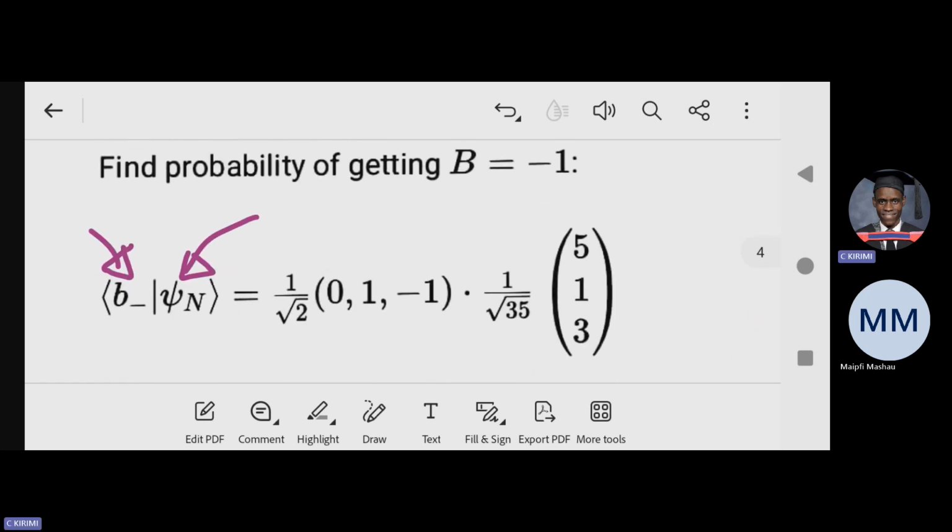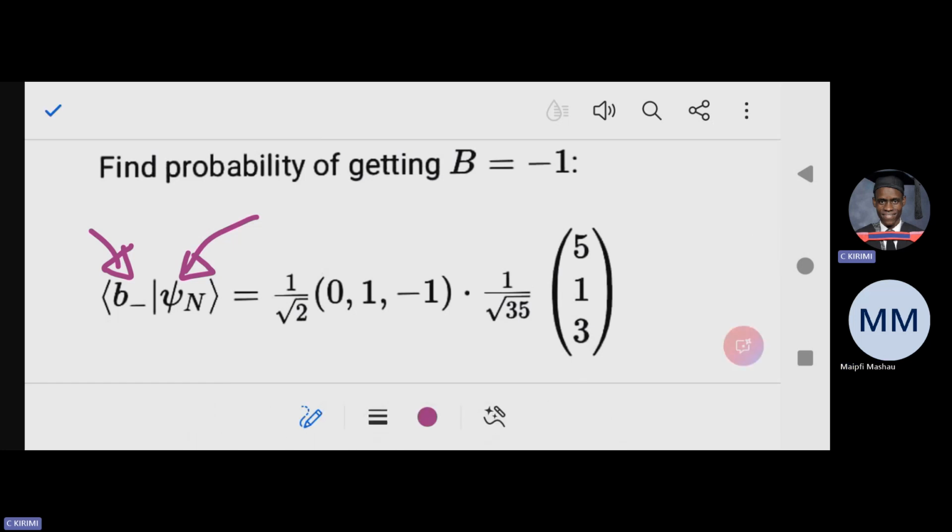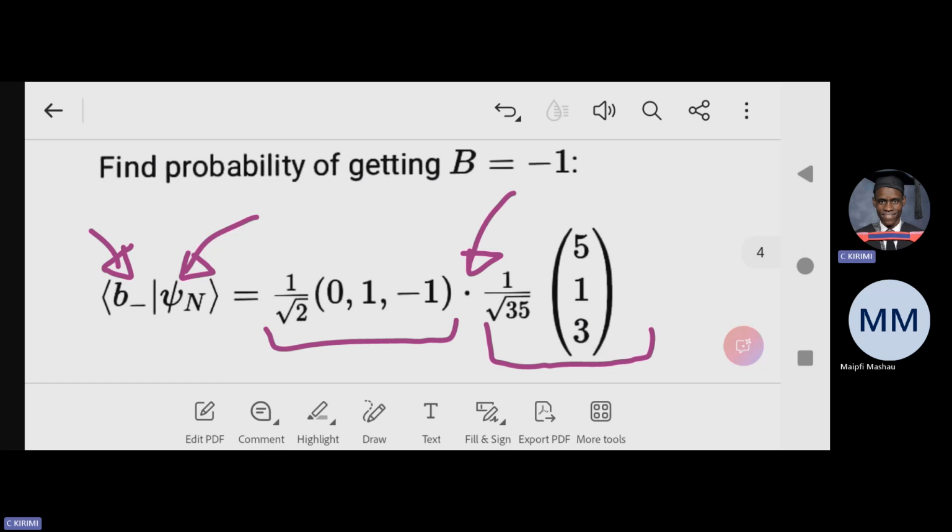All right, so this is the dot product. So this is our vector, the eigenvector which corresponds to B negative 1, and this is the normalized vector for psi, and then this dot, you are dotting the two vectors.